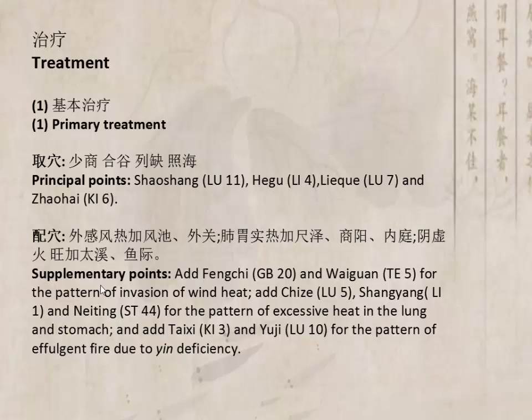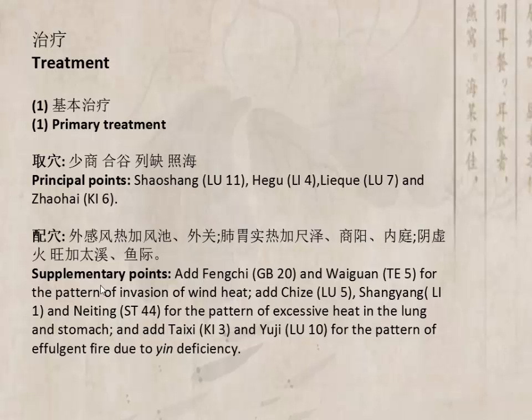Primary treatment. Okay, this first group of points here is for what? Exterior and heat clearing. Okay? Lung 7 has dual functions here, right? It is the master point of the renmai, so we can use it in yin deficiency when combined with kidney 6. But it also is useful for exterior patterns.